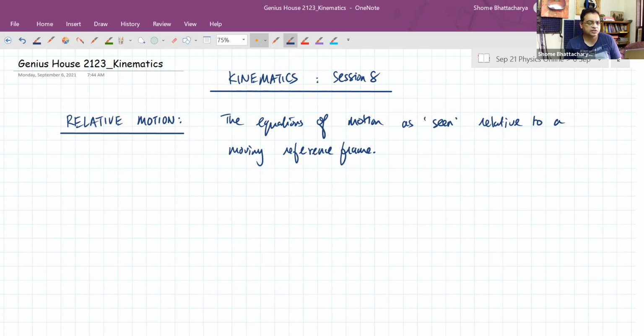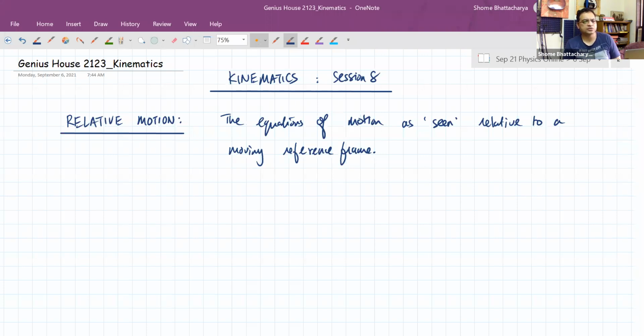Okay. But since most of our physics is in reference to our human experience, which is on the surface of the earth, we can treat the surface of the earth, or what we call the ground frame, as an absolute frame. If the experiment is happening in space, then it's a slightly different situation.